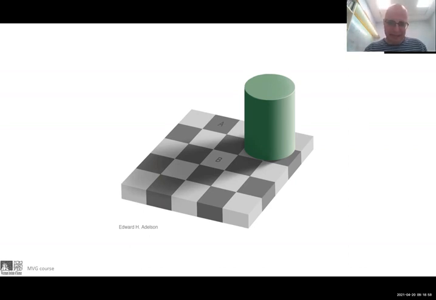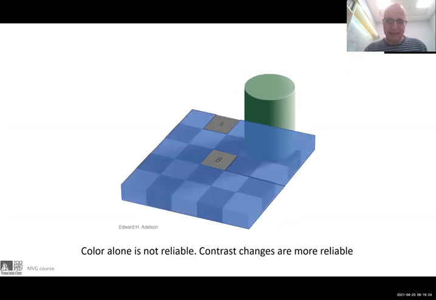You have this checkerboard, and the question is which square is darker, square A or square B? I think you all see square A as darker. But if I cover all the checkerboard except for the two squares, you will see that they actually have exactly the same color, the same intensity.